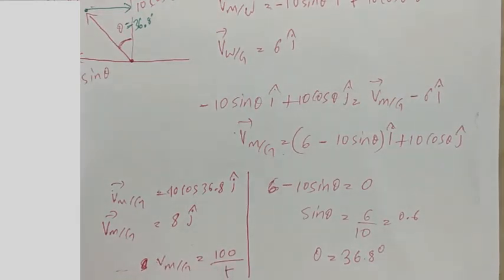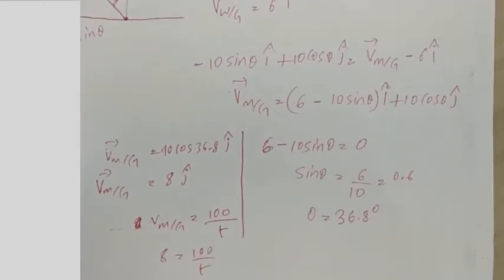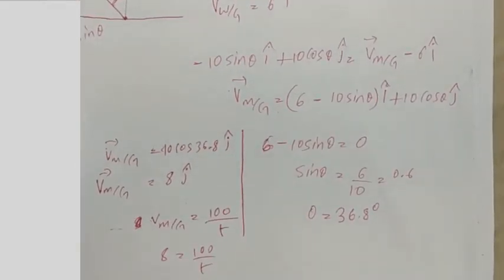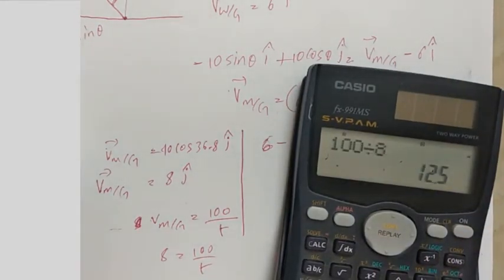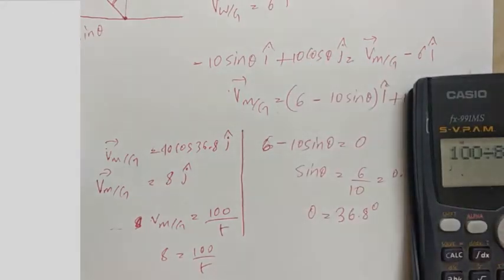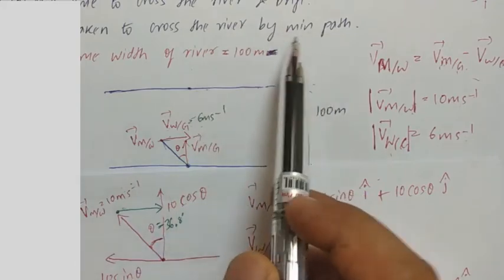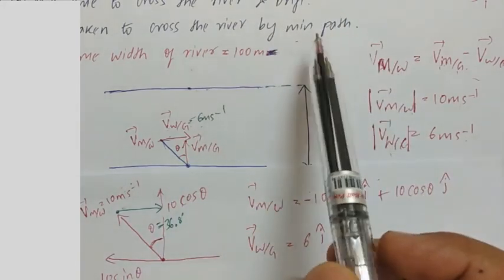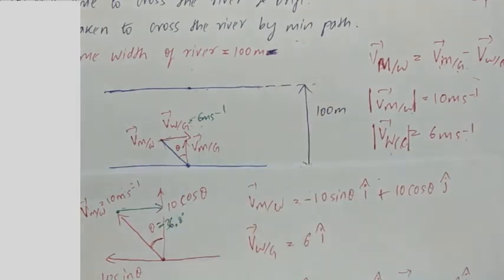This is 8 equal to 100 per unit time, which means that his time would come out to be 100 divided by 8, that is 12.5. So in order for the person to reach by minimum path, he will take 12.5 seconds.